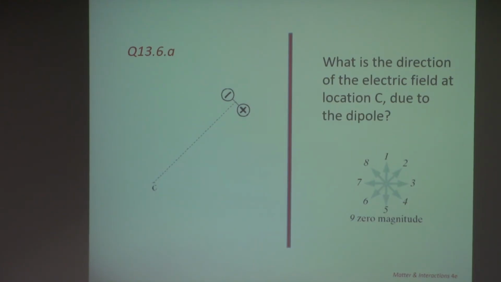But what about the direction? How would we get the direction? What is the direction at this observation location we've chosen? Okay, what's the direction?